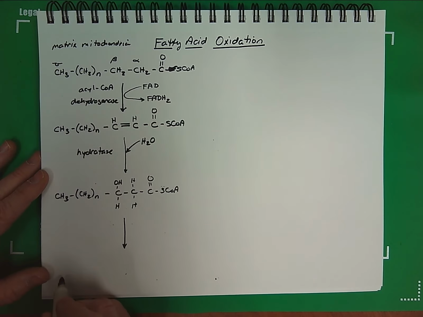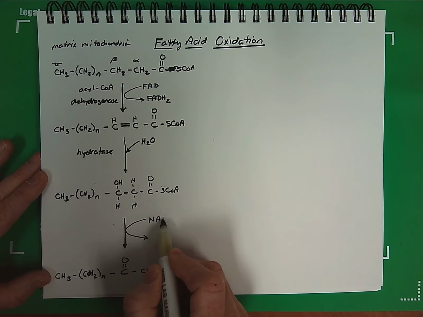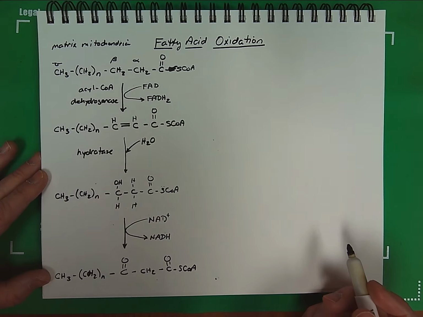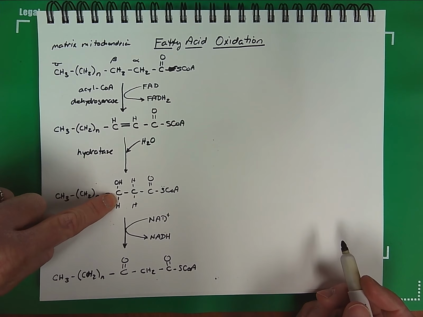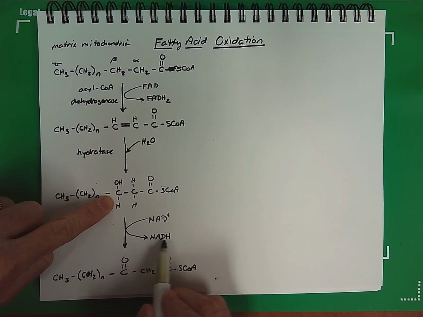And the next structure is going to be an oxidized form, which is going to generate more energy. And that energy is going to be stored in the form of NADH. Because in this reaction we are going to be oxidizing this carbon-hydrogen bond on the beta carbon. We're transferring these two electrons as a hydride ion to the NAD to form NADH.